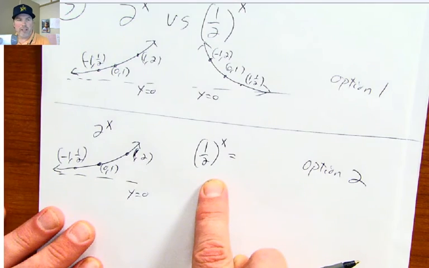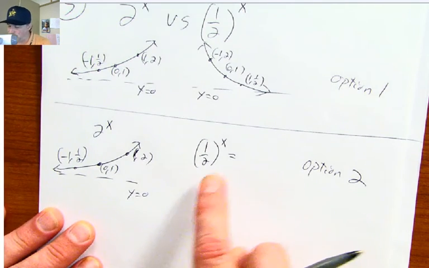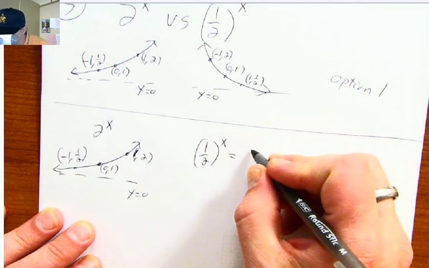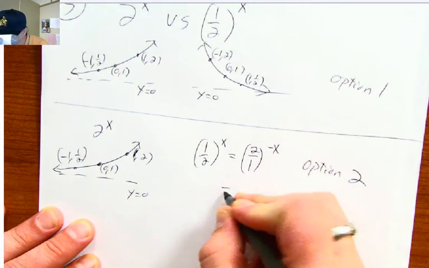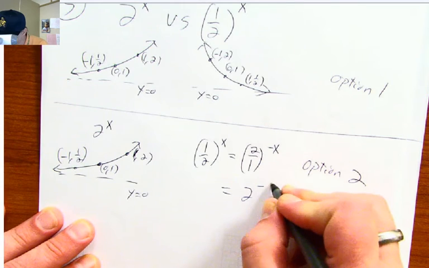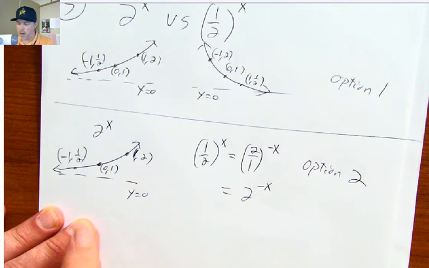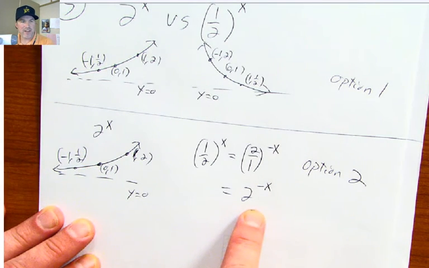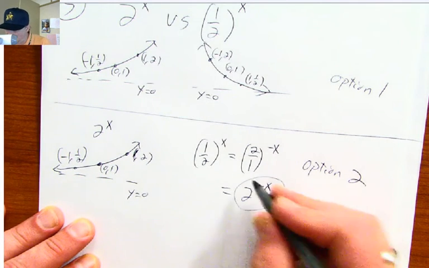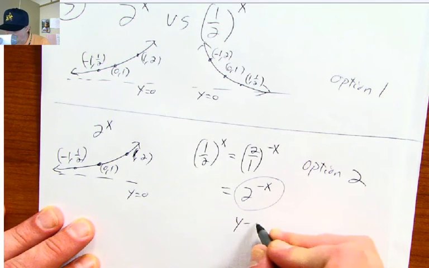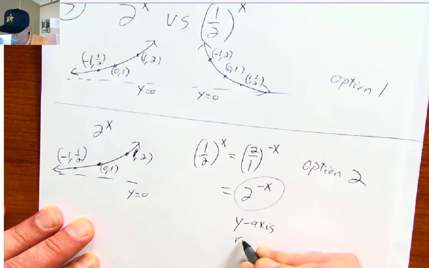So I could just think of 1/2 to the x as being the same as 2 over 1 to the negative x, or simply 2 to the negative x. And if you think about what 2 to the negative x is compared to this graph, it's just like 2 to the x, except there's a y-axis reflection.